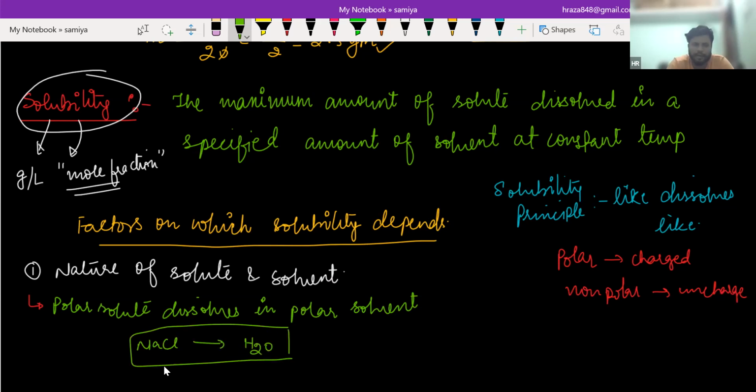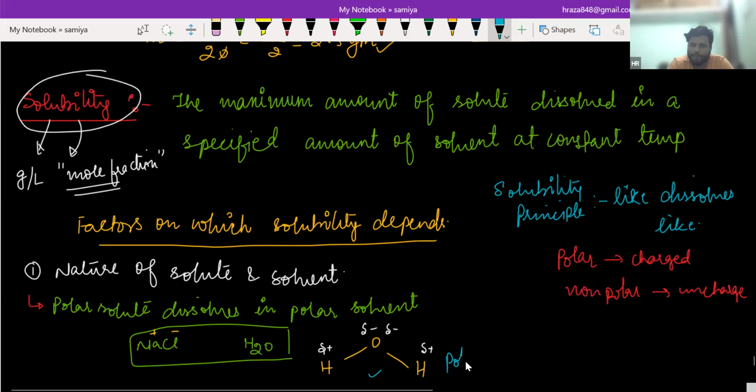You know that NaCl has a plus charge on Na and a minus charge on Cl. In H2O, oxygen is more electronegative than hydrogen, so it will have delta negative, and hydrogen delta positive. So basically you can see this is a polar solvent and this is a polar solute.